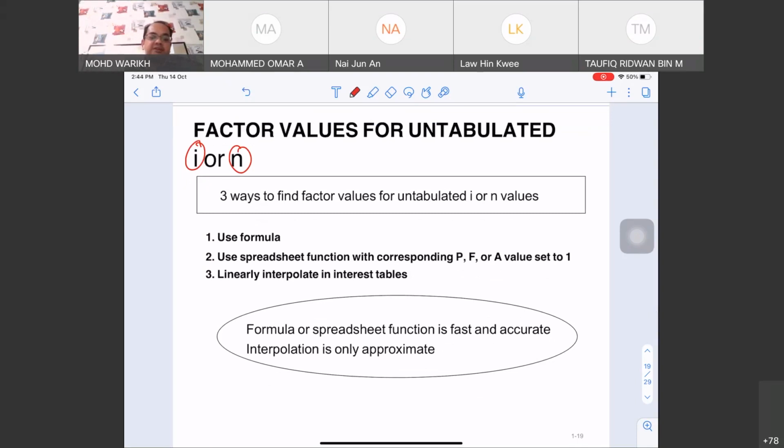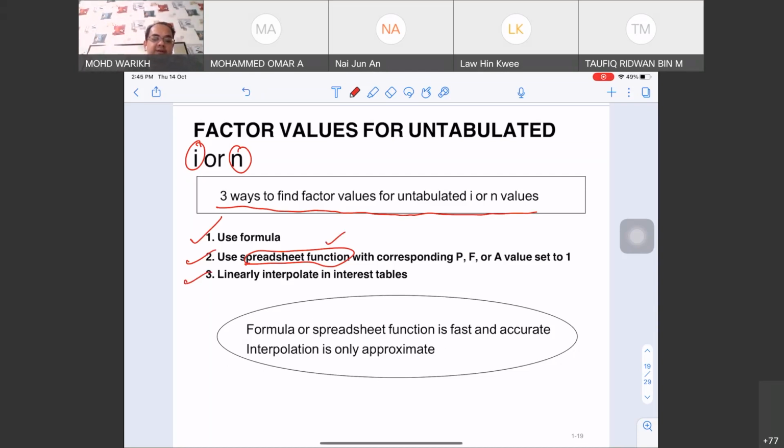That means you have three ways to find vector values for untabulated i. The first one is to use the formula given before. You can use it, no problem at all. The second one is to use a spreadsheet function. We do not discuss this in detail in our scope, it's just to show you. In this course, we do not discuss the spreadsheet function in detail.